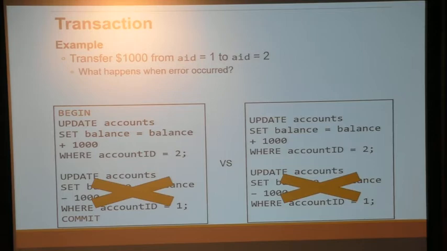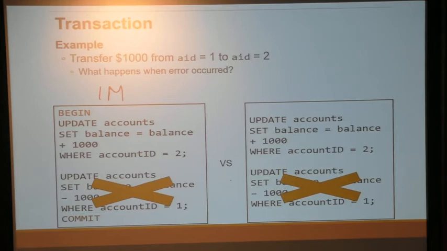What will happen on the left? If you start with a total balance in your entire system of 1 million, and this one fails, what you will have at the end is that the sum of all the balances in your system will still be 1 million.